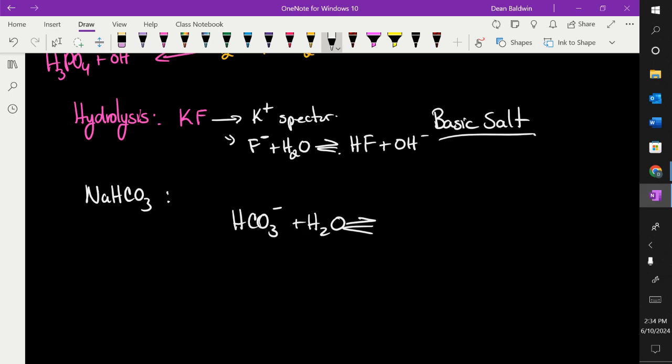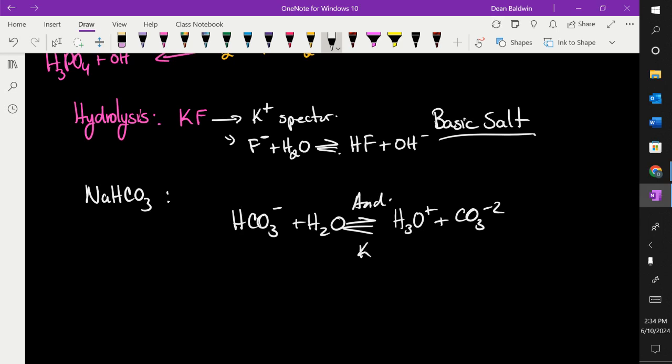We have a negatively charged molecule with a proton. So it can act as an acid or a base. So you have to figure out which it's going to do, because it can act as an acid and go this way, H3O plus, CO3 2 minus. This is it acting as an acid.